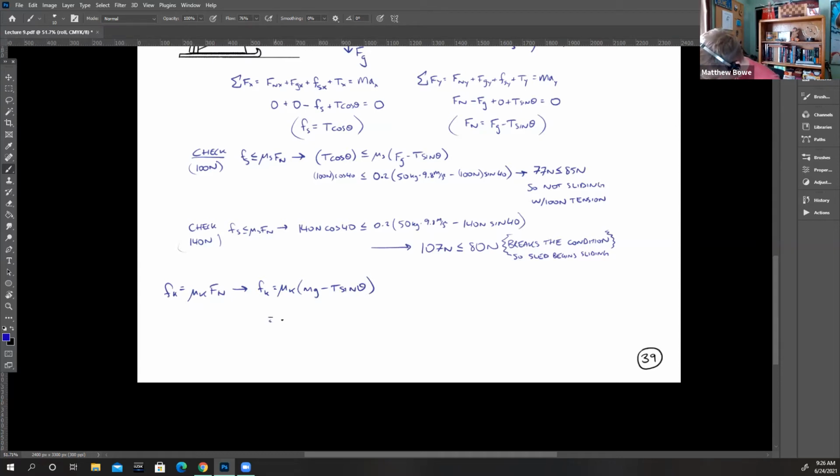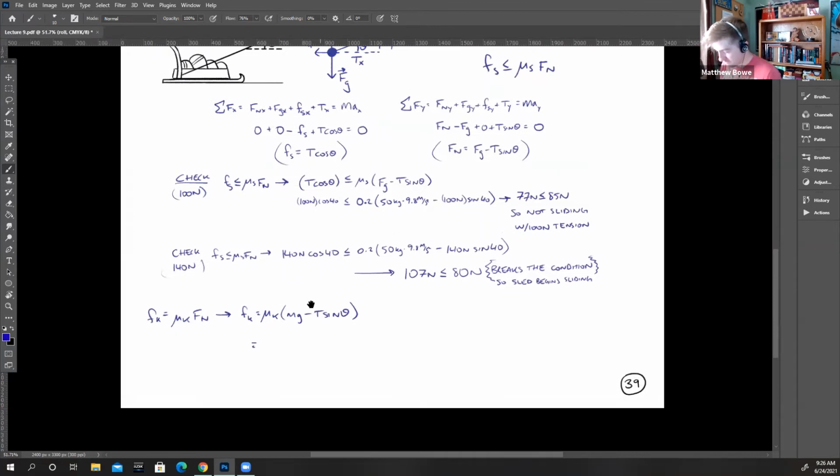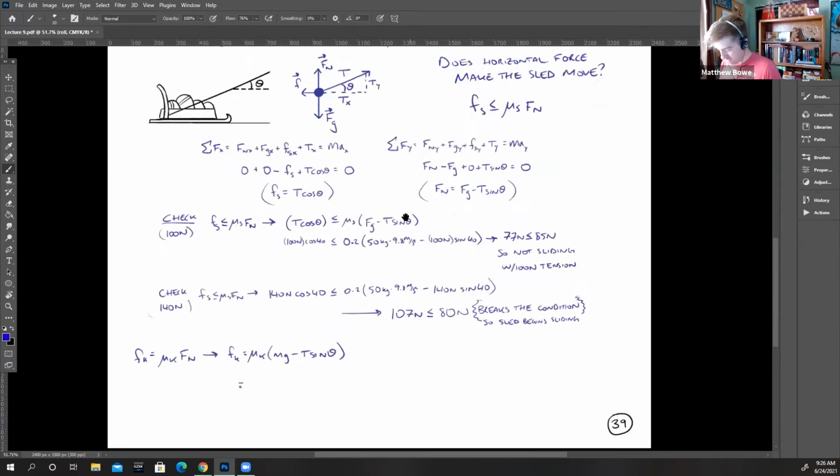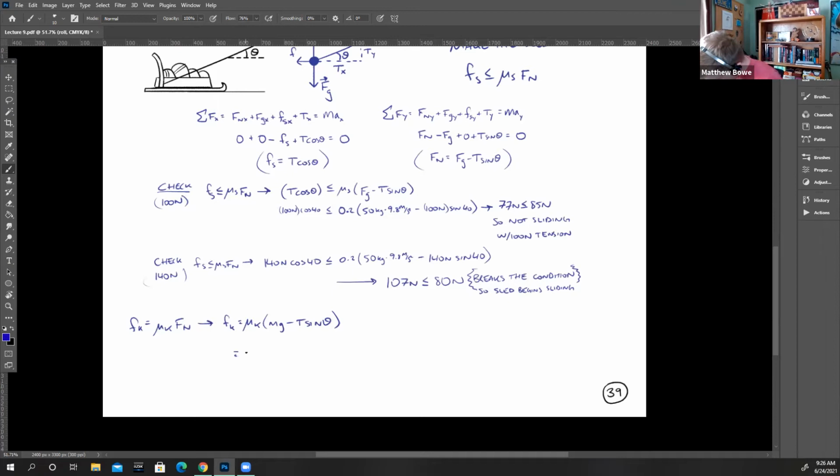This will equal, now remember we have to put in a different coefficient here. Coefficient of kinetic friction is 0.15. That's 0.15 times 50 kilograms, 9.8 meters per second squared, minus 140 newtons, sine of 40 degrees. All of this will equal 60 newtons.